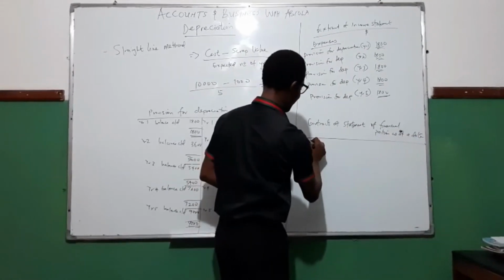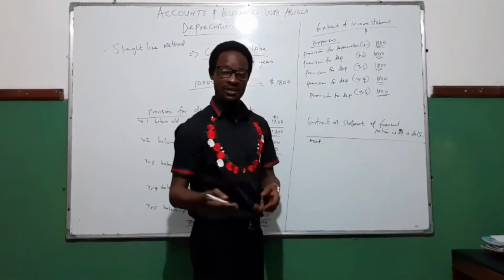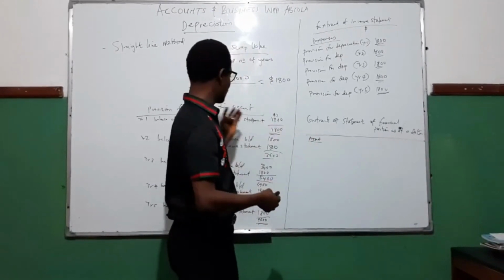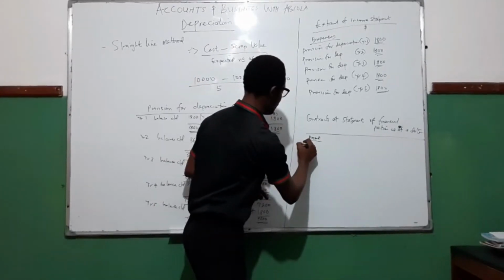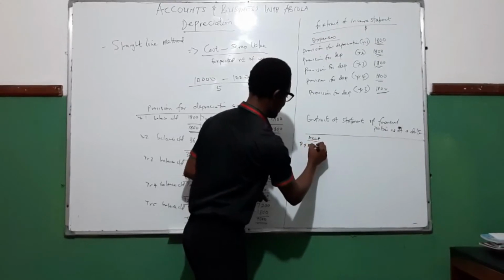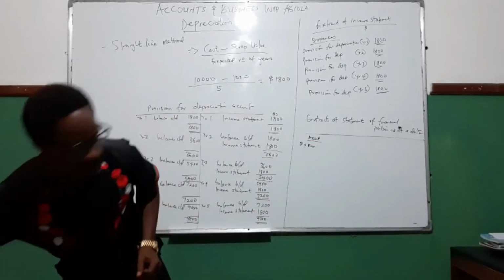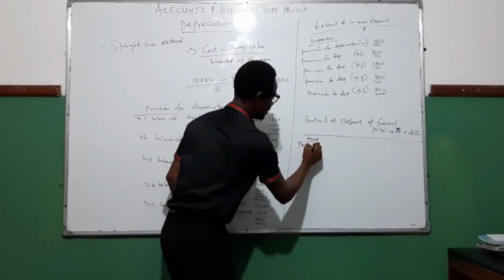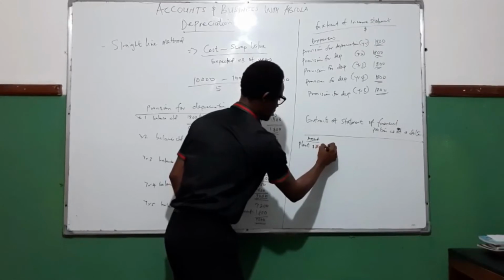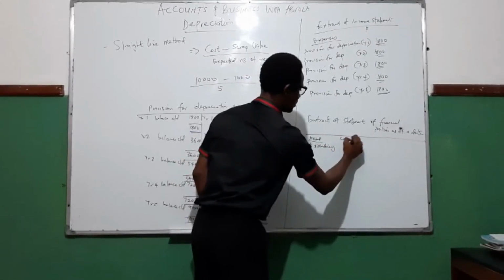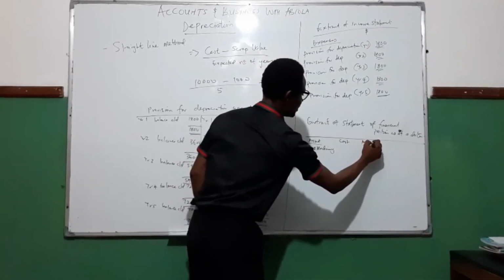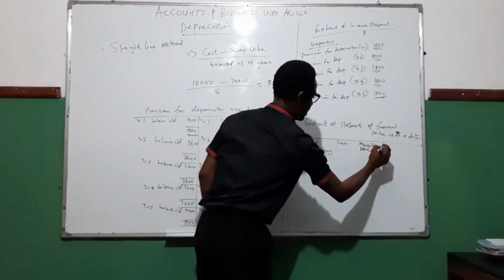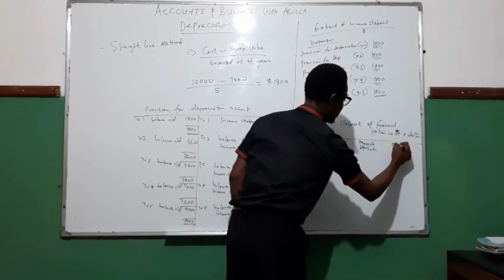So we have the assets section of the statement of financial position. We have the non-current assets section. In this case, we have the machinery, or plant and machinery. So the asset section has plant and machinery, and we have cost, aggregate depreciation, and net book value, NBV.